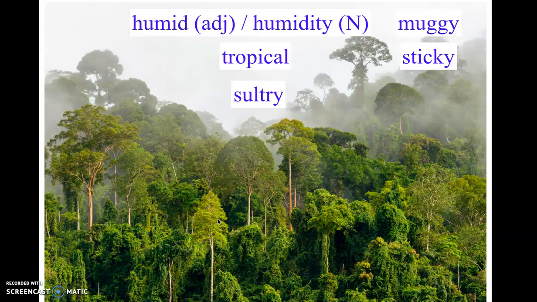We might also use the word it's sultry outside. Again, very wet and sticky and hot at the same time. Another one, balmy. Balmy is a very good word. Oh, it's balmy outside. My clothes are just wet, right? It's hot and it's humid.